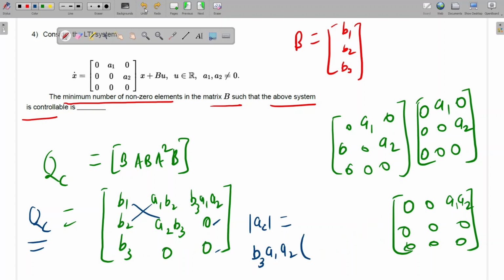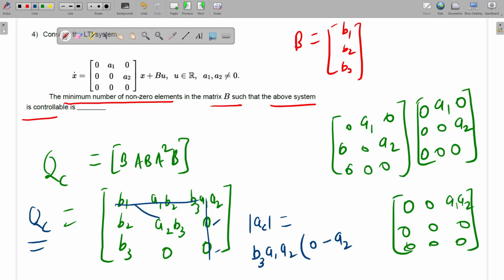B3 A1 A2, and then into A2 B3 minus A2 B3. B3 A1 A2 it will be there. So it will be like this one, correct? Yes, yes, sir. And this into 0 0 and minus 0 minus A2, A2 into this will be B3. B3 square, correct?